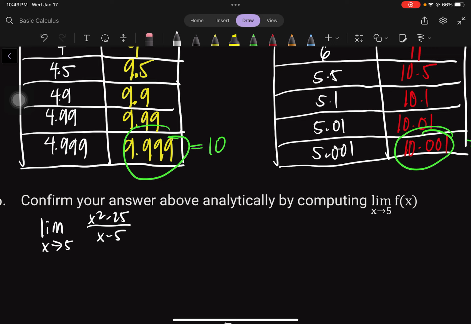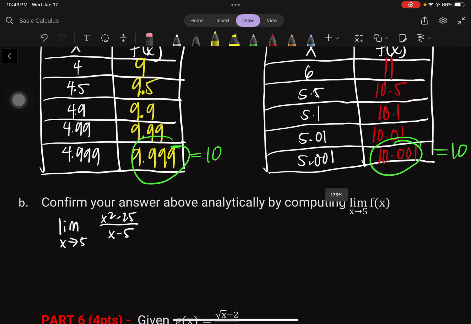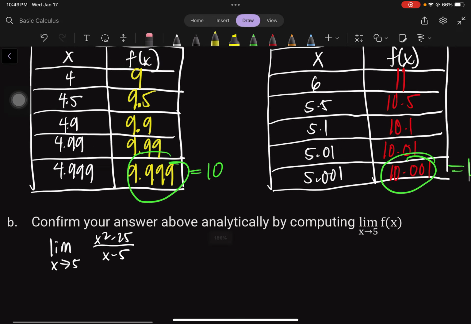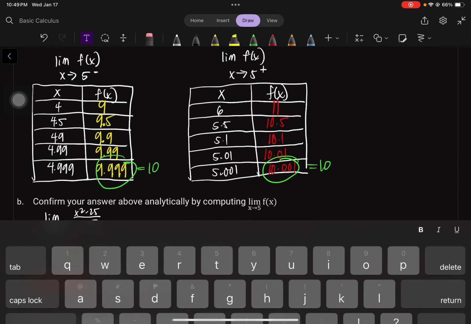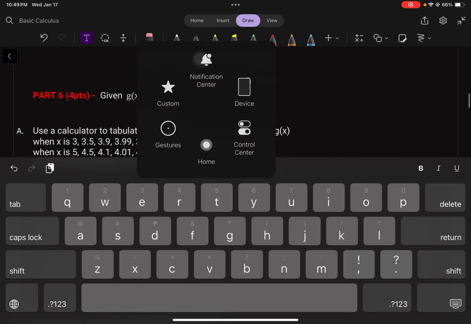So, in rational functions, I figured we have possible answers, so I will put them here. Let's have a text box here to bring them down.